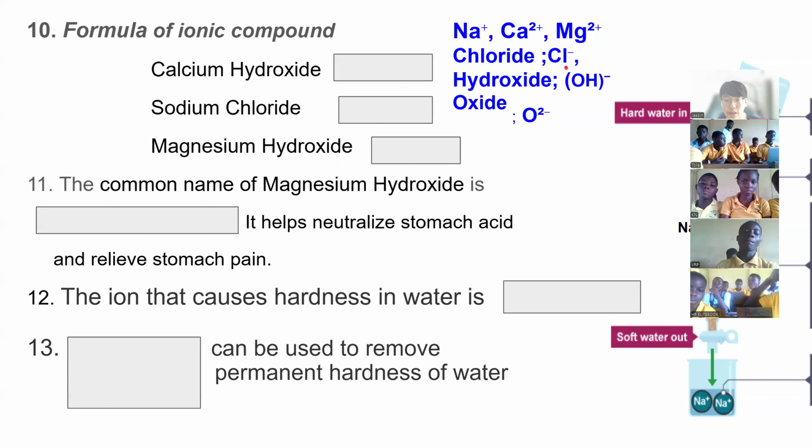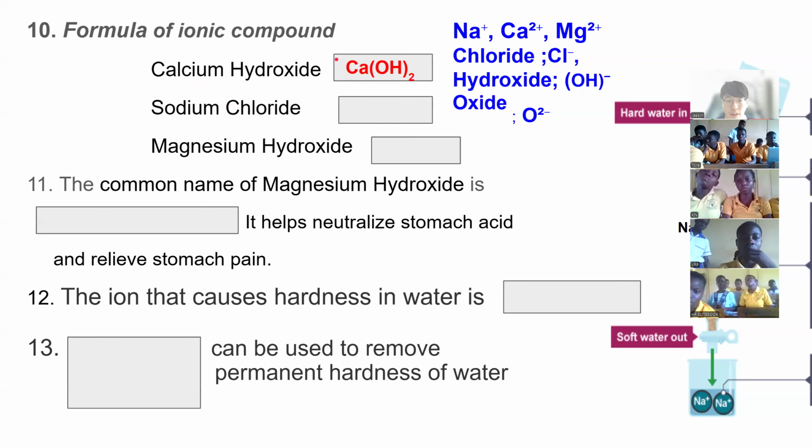That means we need 2 hydroxide ions, 2 OH minuses. And since we have 2 minus and calcium has 2+, it cancels out and becomes 0 charge. So the ionic compound of calcium and hydroxide combined is Ca(OH)2, requiring 2 hydroxides.